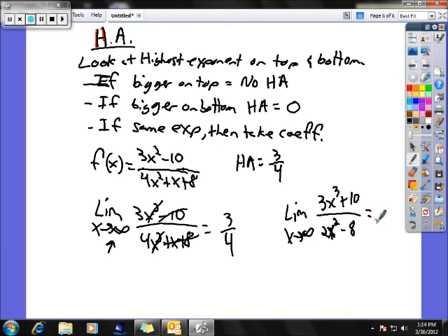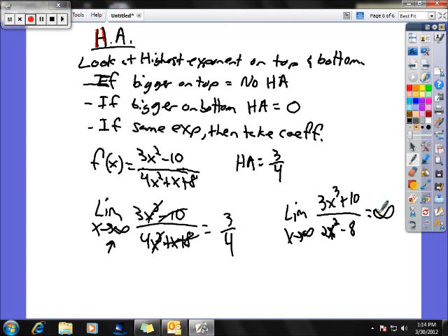What's going to happen here as x goes to infinity, what's going to get bigger, the top or the bottom? The top. If the top of a fraction gets bigger, the whole fraction is getting bigger, right? So the limit would actually be infinity. It doesn't have a horizontal asymptote, that's still true, but it does have a limit, and it'd be infinity.